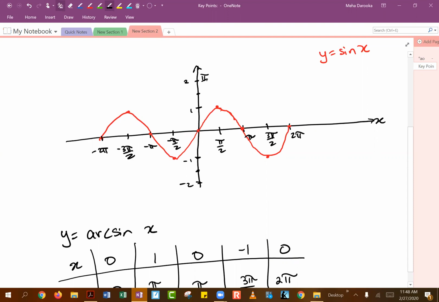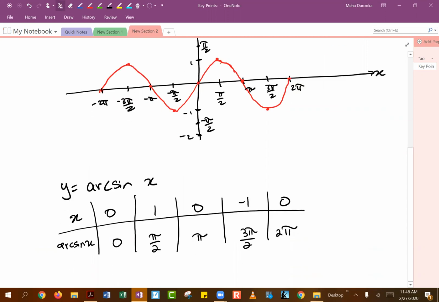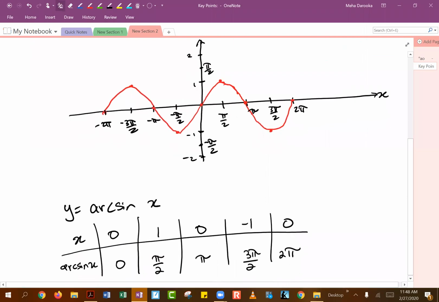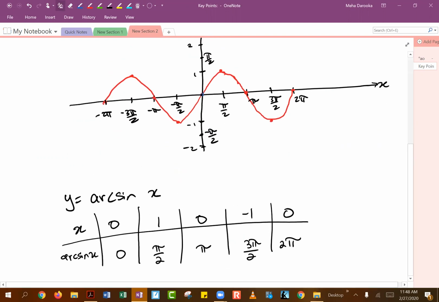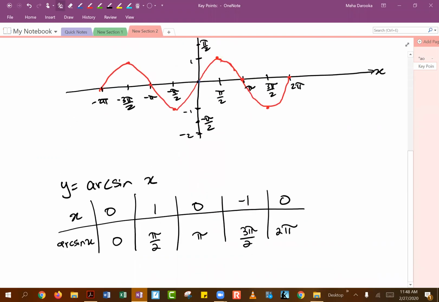Okay, so if this guy is positive pi halves, negative pi halves, we would be going still at 0, 0, 1, and pi halves.